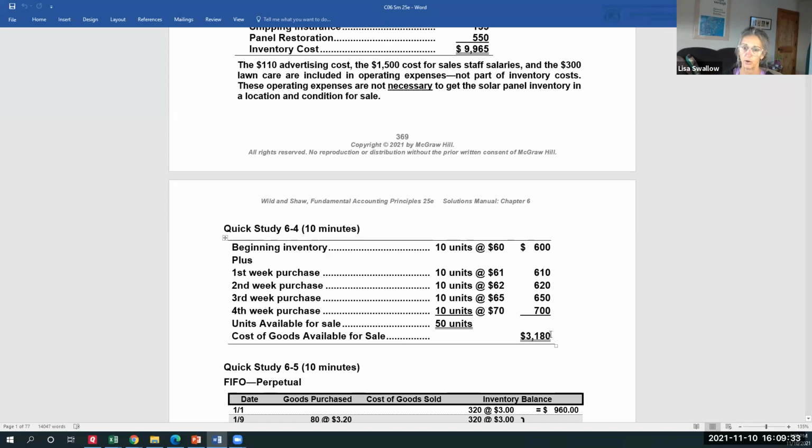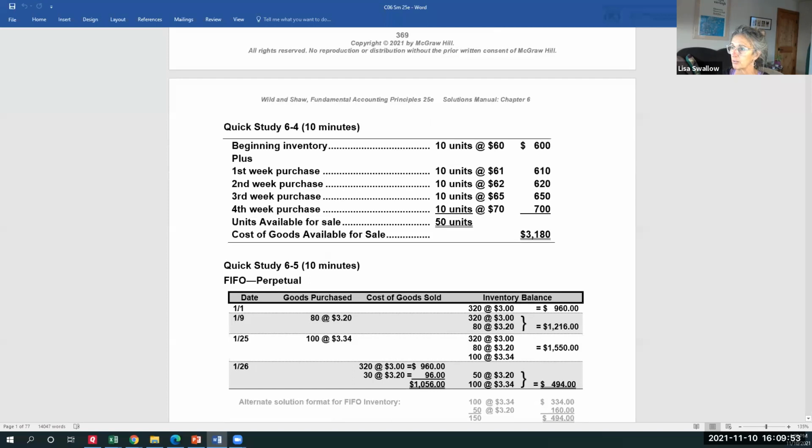So LIFO, FIFO, and weighted average are going to give you different answers on how to allocate that between those two areas. The ending inventory shows up on your balance sheet, and the cost of goods sold is, of course, your largest expense on your P&L.